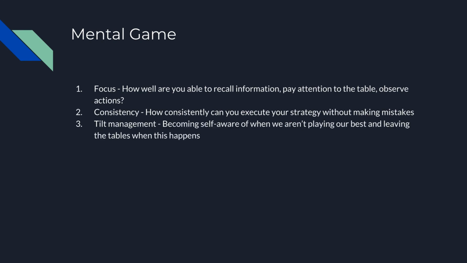And it's a big component of mental game as well, because let's say you're on tilt, well you're likely to lose consistency. So that gets onto the tilt management aspect, which is just really important in terms of how you can maintain the above two concepts of focus and consistency. So when you're no longer playing your best game, you need to be able to be self-aware of that and just leave the table when this happens.